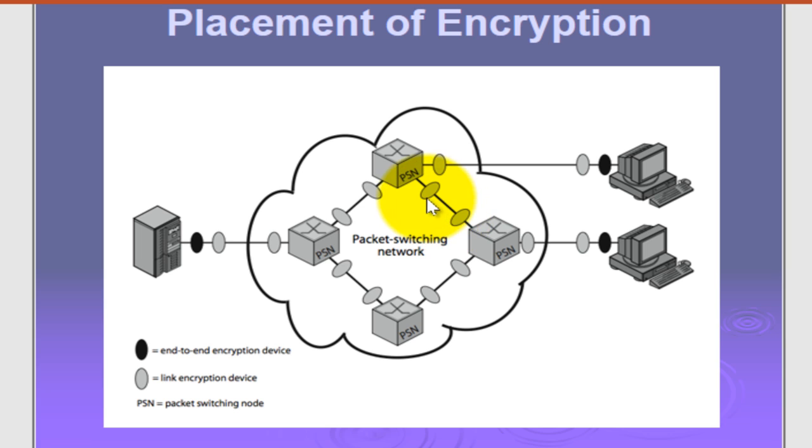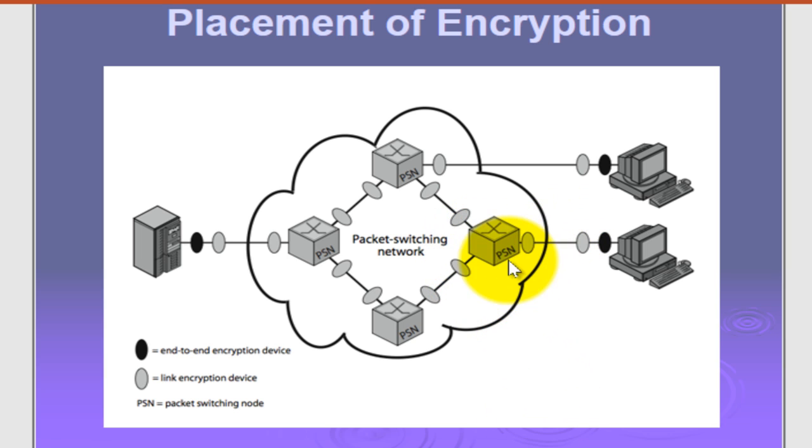Even though the attackers cannot identify the original text, they can identify from which route your packet is transmitting, from whom and to whom it is sending, and what the length of the packet is. Everything they can observe. That concept is called traffic analysis. They can do traffic analysis if you do only end-to-end encryption.